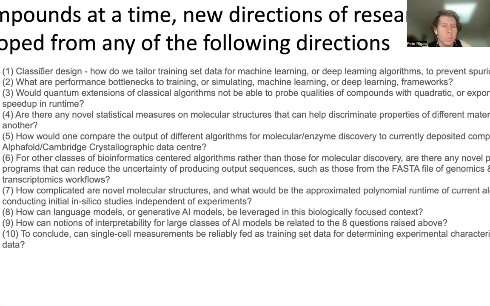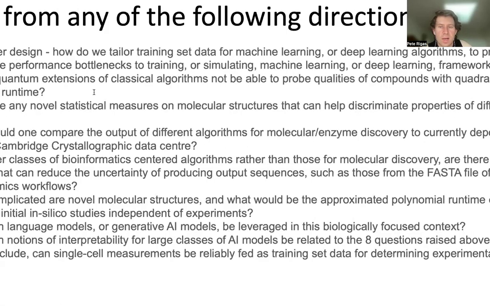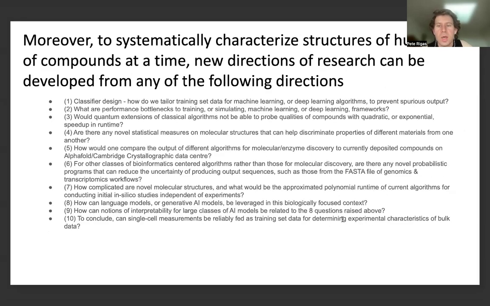And three, would quantum extensions of classical algorithms be able to probe qualities of compounds with quadratic or exponential speed up in runtime? This relates very much to the molecular docking workflow, because a lot of people in the field, even in quantum computing or quantum chemistry, have been trying out their algorithms on many different types of compounds.